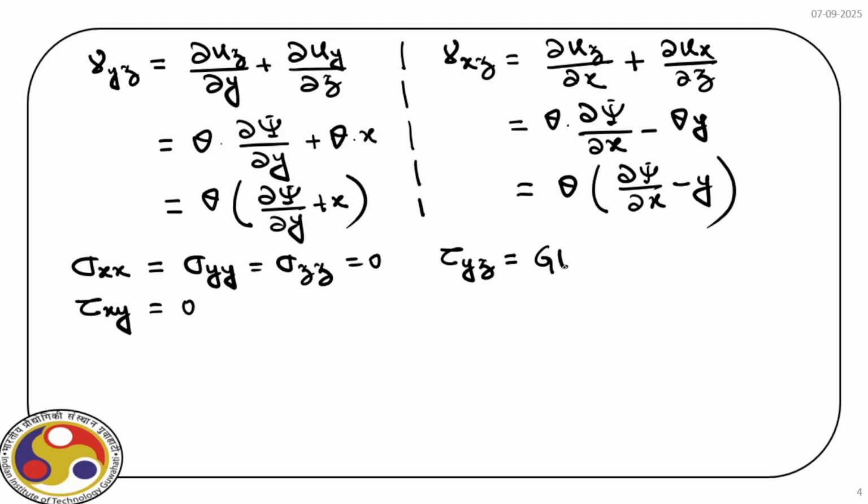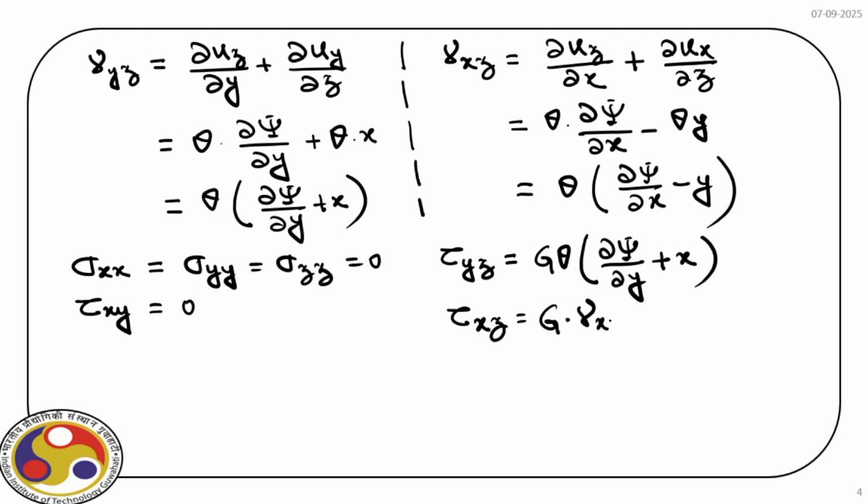So that is theta times the differential of psi with respect to y plus x. Similarly, we can also write the expression for tau xz, which is g times gamma xz. And in place of gamma xz, we can write the expression that we have derived here.